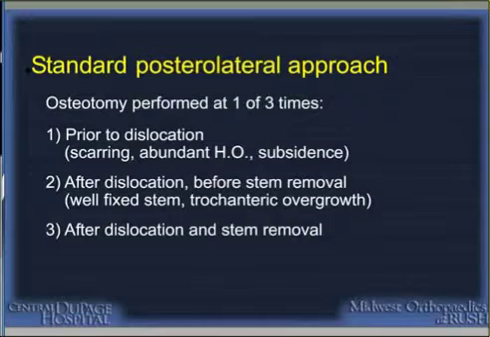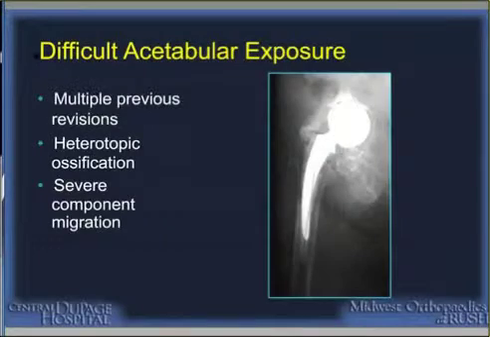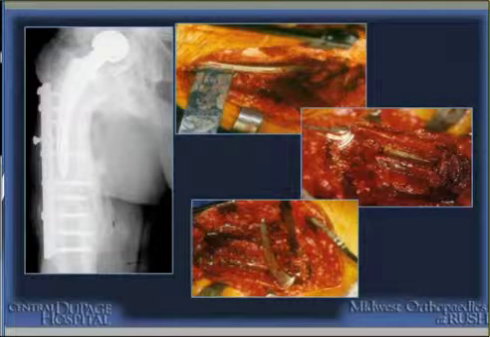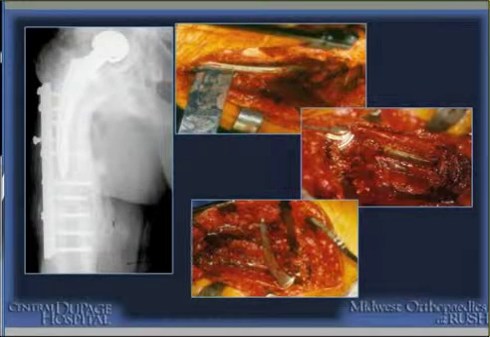I'd like to just show one instance, since we're dealing mostly with the acetabulum, when we have difficult acetabular exposure, such as this, from multiple previous revisions, when you have severe heterotopic ossification or severe component migration. You can see the severe amount of heterotopic ossification. What we see here is the ability to go down to the tip of the stem.